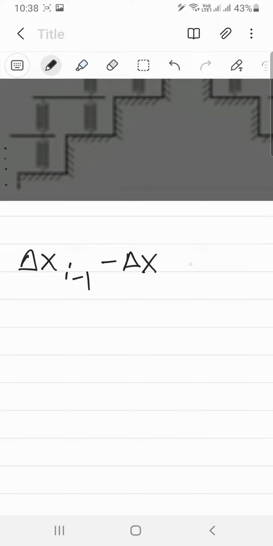Minus delta x i. That will be equal to the force exerted by this plus that, so k times that, but we'll cancel that k anyway. For this one it's just delta x i, for any general platform, plus let's talk about this one.